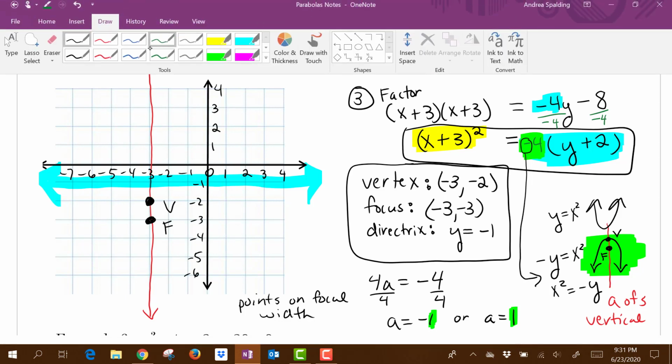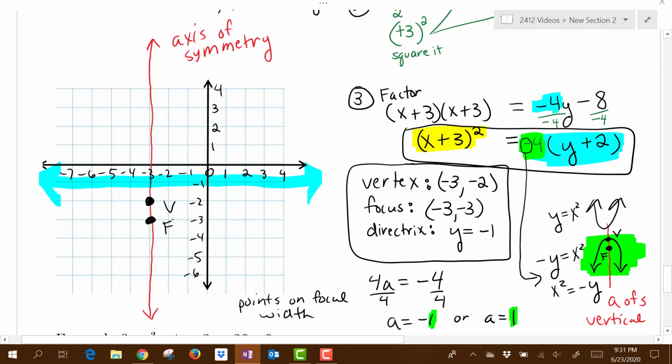So we're going to go to the focus, and I'm going to go to the right 2. Remember, we want to go to the right half and to the left half. So all the way across from point to point on the parabola has to be a total of 4 units wide. Can we label those, right? What would that be? -1, -3. And is that -5 for x and a y value of -3.